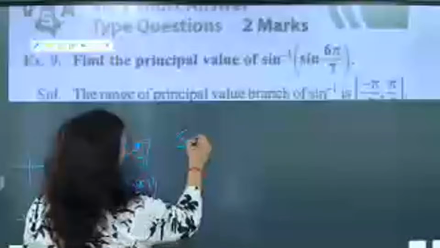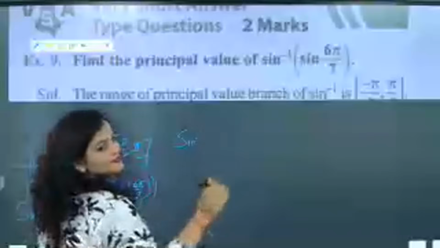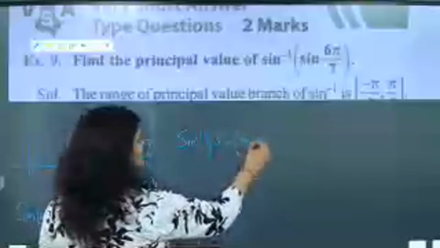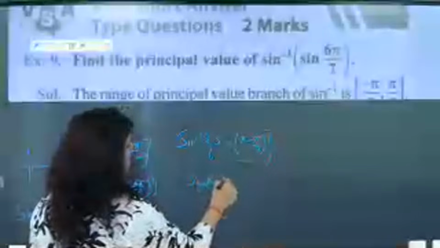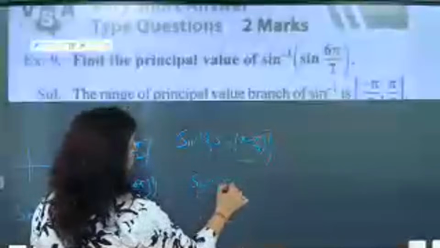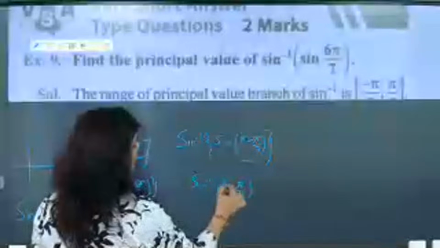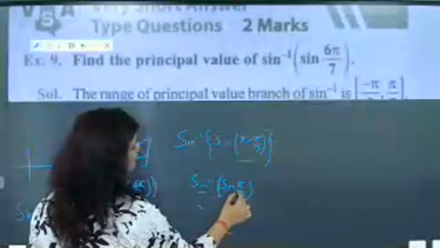Okay, so what do we get? Sin inverse of sin(π minus π/7). Here this is the second quadrant, and in the second quadrant sine is positive. So it will become sin inverse of sin π/7. So sin inverse and sin will get cancelled.